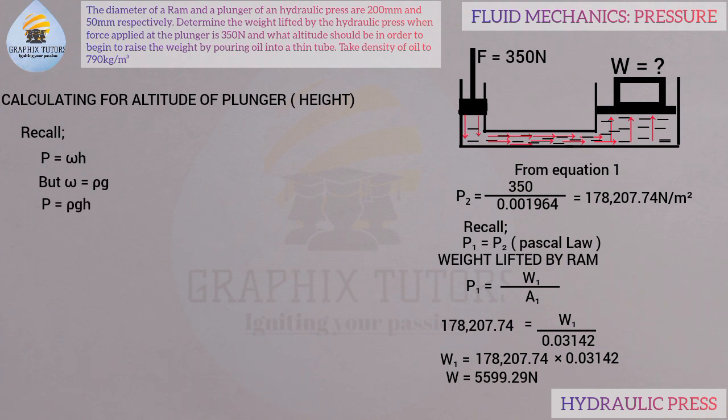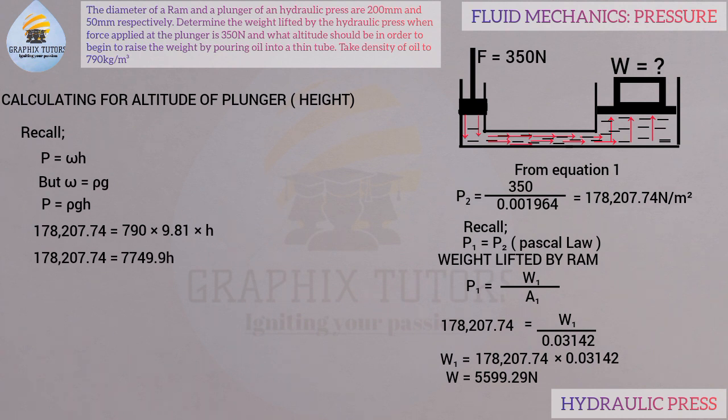And what is the pressure? 178,207.74, which is equals to the density given to be 790 multiplied by 9.81 multiplied by the height. 9.81 is the standard constant for gravity, right? So now if you do the needful, we'll be having 178,207.74 equals to 7,749.9 H, when you multiply that.